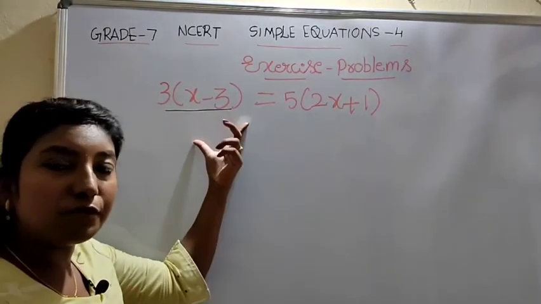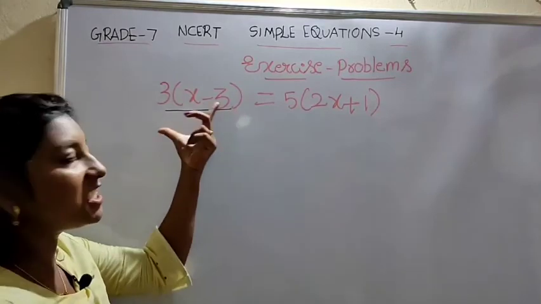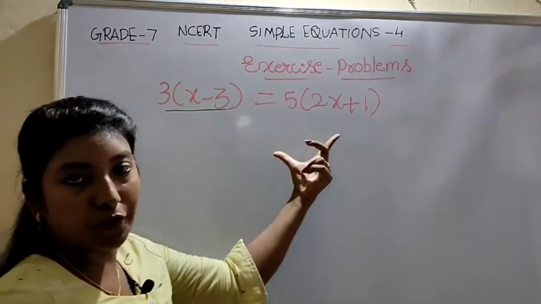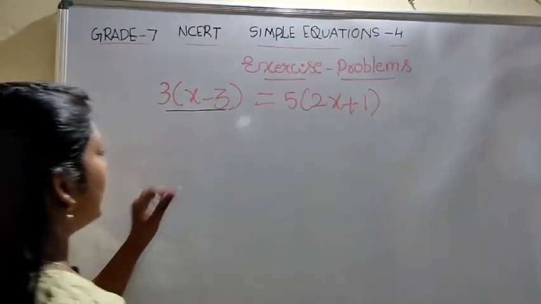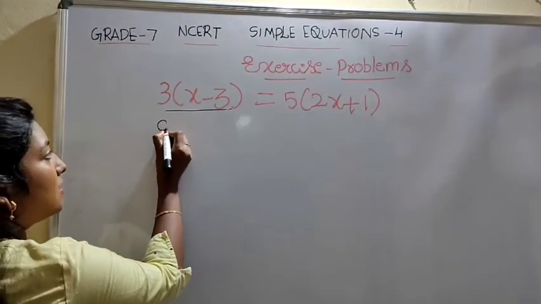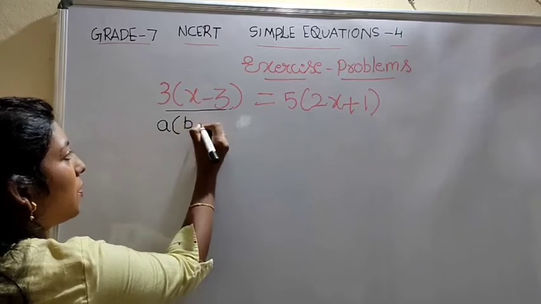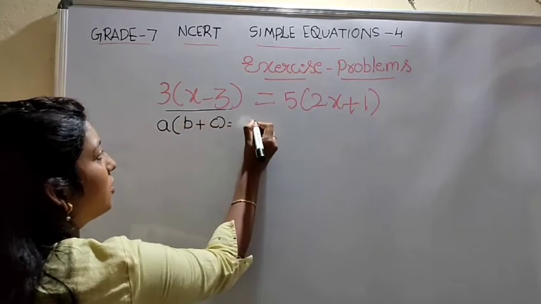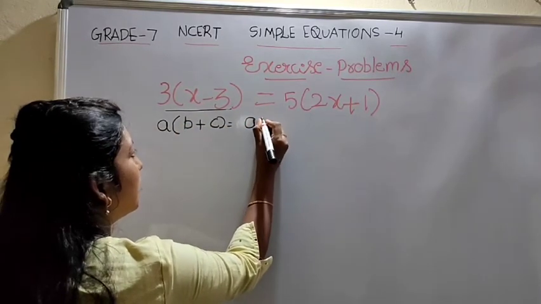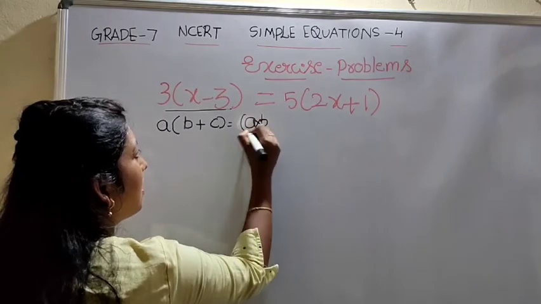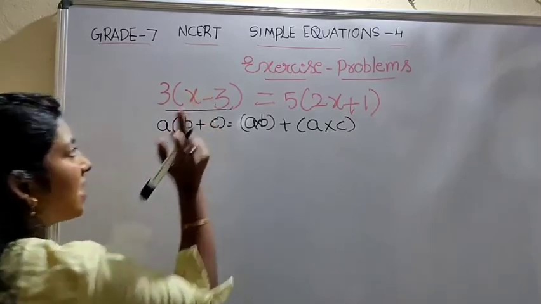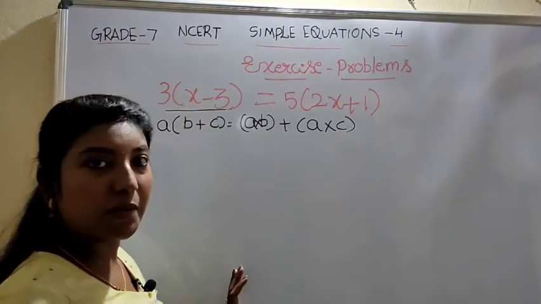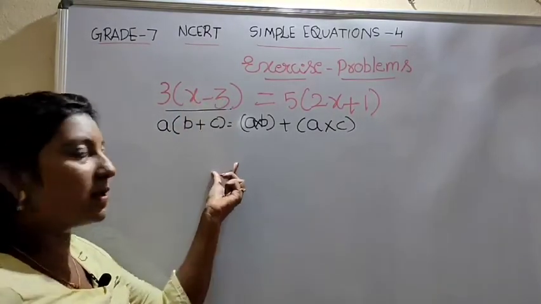That means we have to take the product of this first and then only we have to perform our operations. Now let us see, this is in the form of a into b plus c, as we already know, a into b plus a into c. As we have minus, no need of getting worried about the minus, we will get the same symbol.